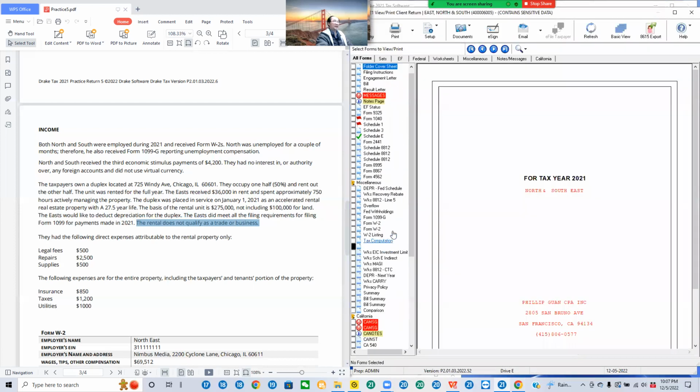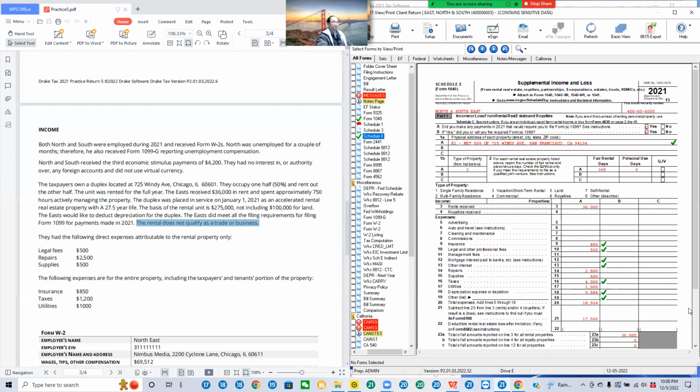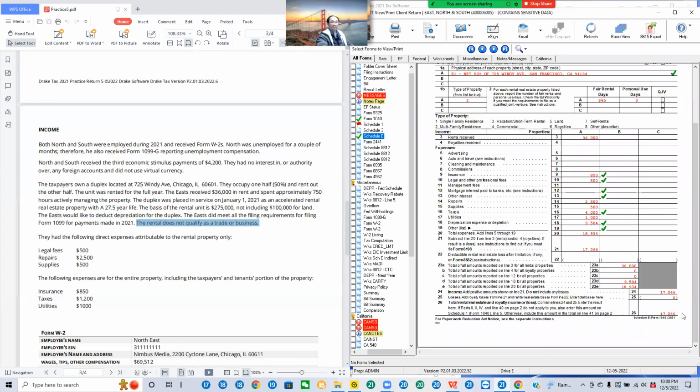There will be a deduction amount like there, minus another 20% of the net income. 20% of this $17,066. This new rule started in 2018.